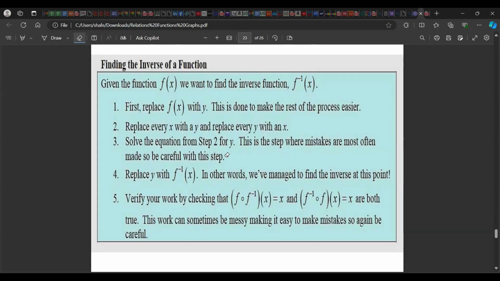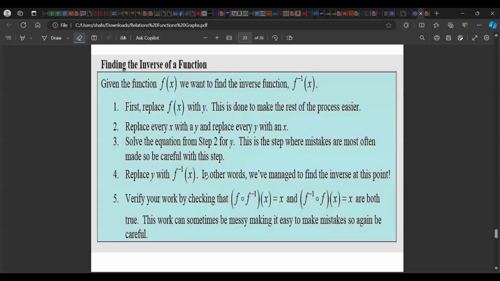And then you make y the subject. When you have done so, you replace y with f inverse x. And what you have done there is finding the inverse.